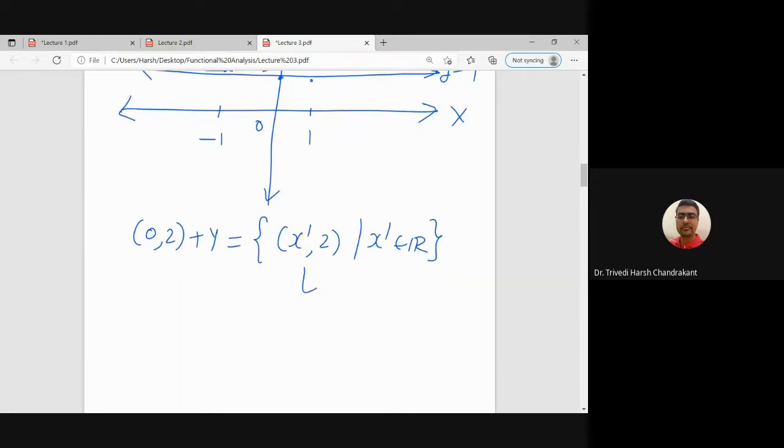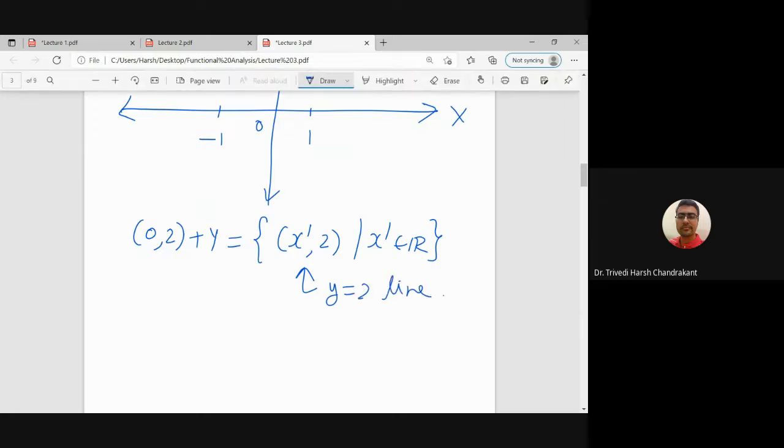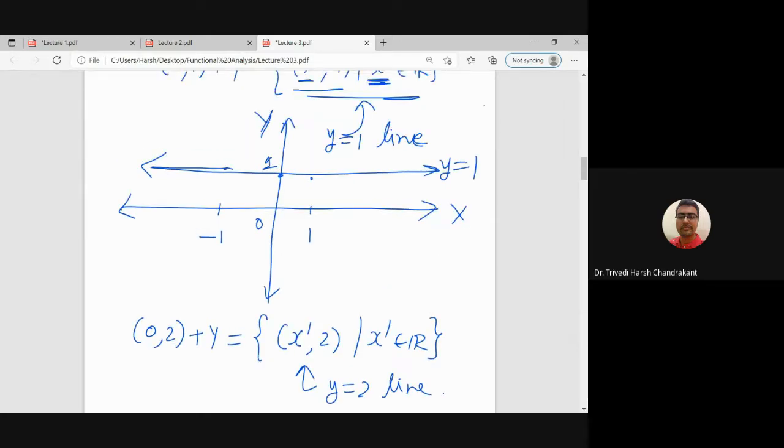This is the line y equals 2, right? So what is happening is that for every real number we are getting the corresponding line.